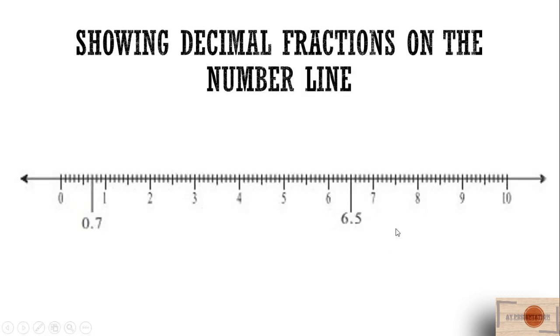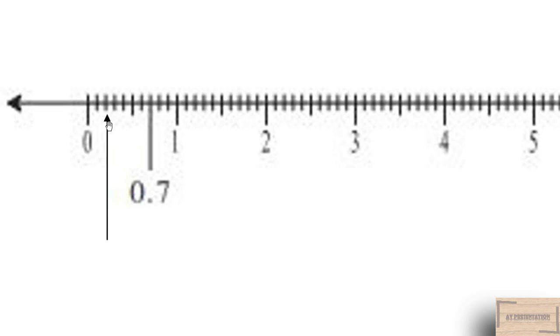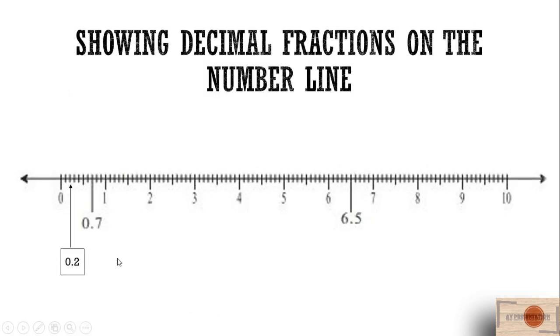Students, here is the number line. Now let's learn how we can show the place of some decimal fractions. Observe this arrow from the 0, the marks 1 and 2. So this place is 0.2.